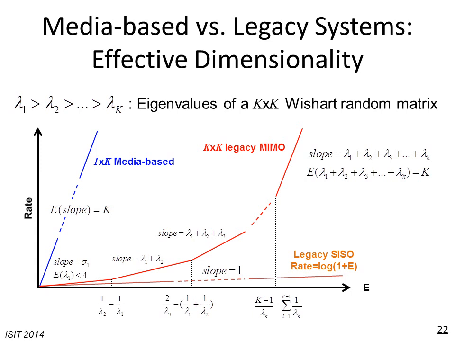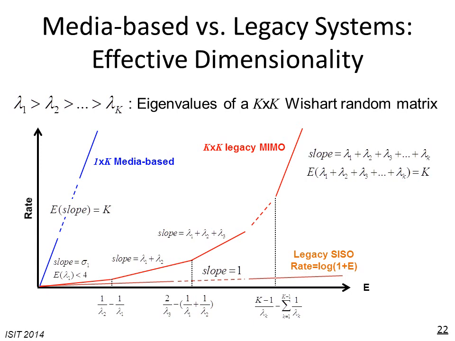For a Wishart matrix corresponding to a Rayleigh fading channel, it is known that the expected value of the largest eigenvalue is less than 4, increases with K, and approaches 4 when K goes to infinity. So the expected value of the slope is always less than 4. Gradually, as the energy increases, we reach a point where we have the first breakpoint in that red curve.